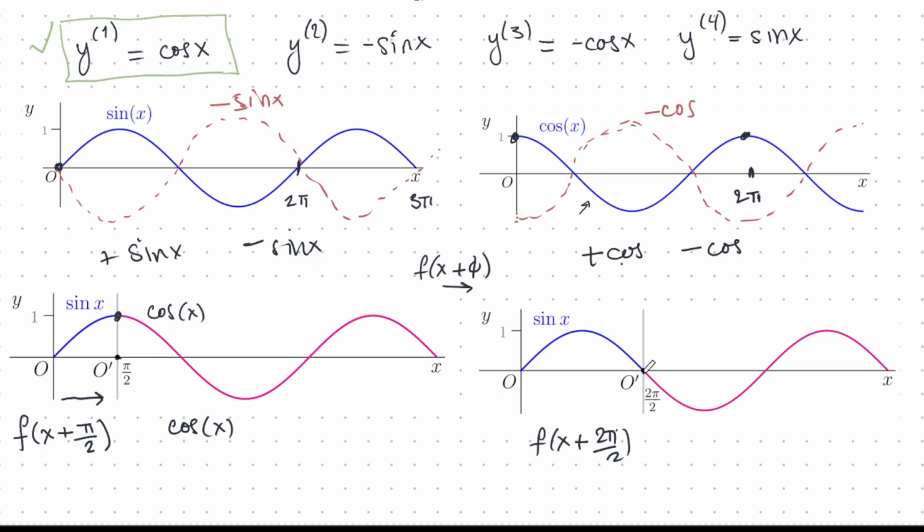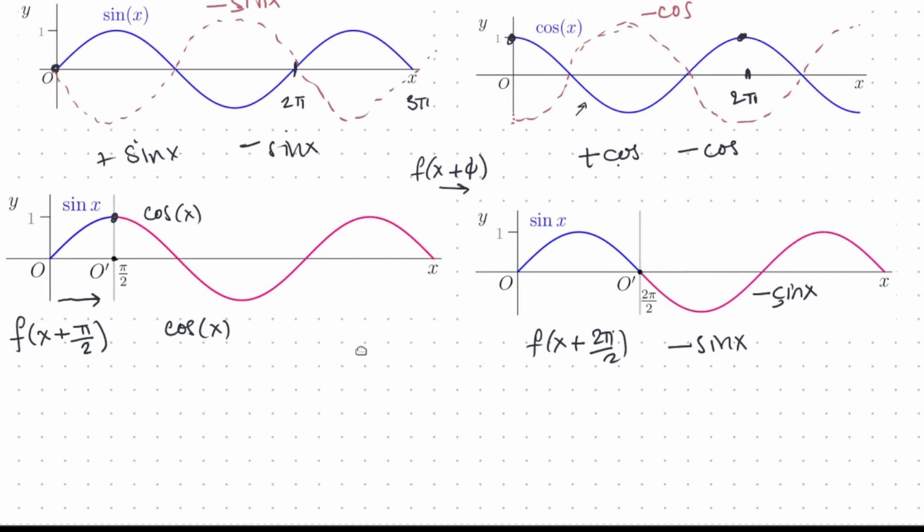I'm starting at 0, but I'm flipped the other way around over the x-axis. So I have now minus sine x, not cos anymore, but minus sine x. And lo and behold, I look up here and minus sine x is my second derivative. Wow, very interesting.